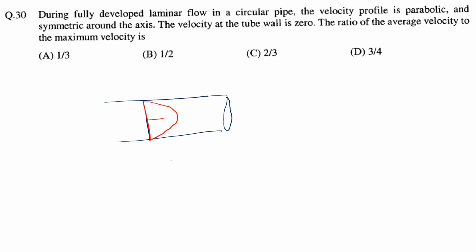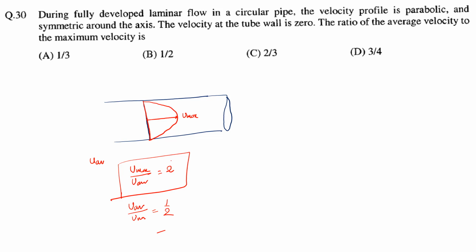In the middle it has the maximum velocity, that is u max, and the average velocity, that is u average, is calculated by this velocity divided by this complete area. So in the case of a pipe, u max by u average is equal to 2. Here the question asks for u average by u max, so it will be 1 by 2.